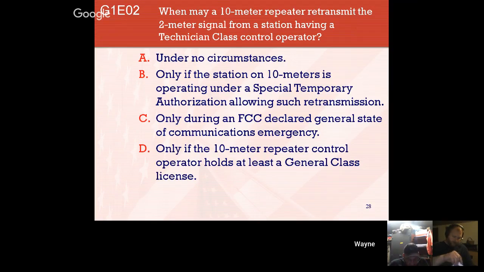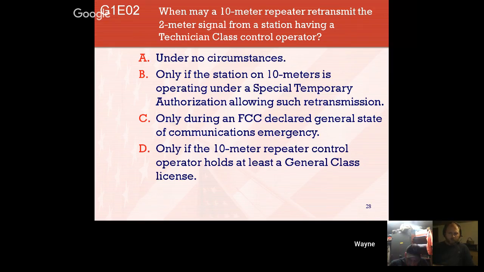When may a 10-meter repeater retransmit a 2-meter signal from a station having a technician class control operator? Okay.